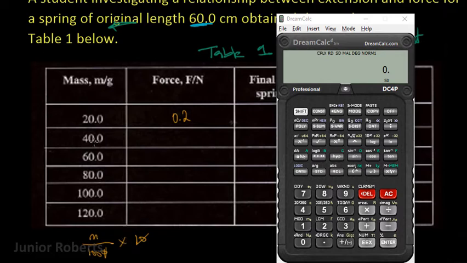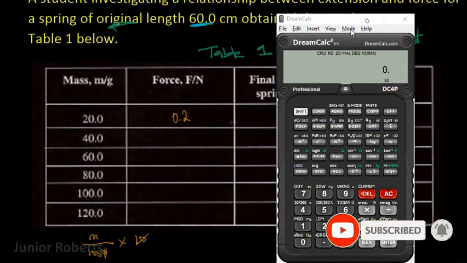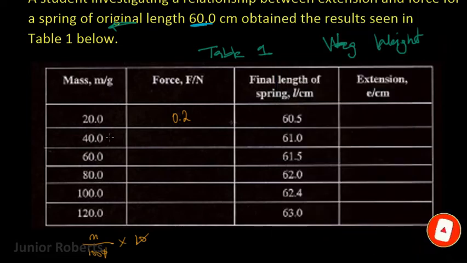So going forward, I'll just simply divide by 100. If we divide by 100, we will get 0.4 for this one right here. Then we're going to get 0.6, 0.8, 1.0 and 1.2, and that would be our force.